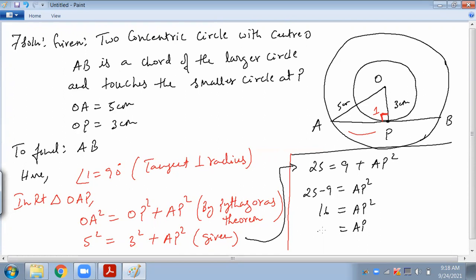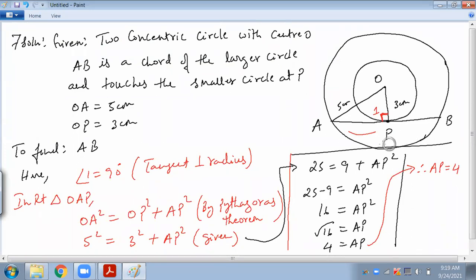To find AP, we take the root, and the root of 16 is 4. Therefore, we can write AP equal to 4. Now, since we got AP, we can find AB.